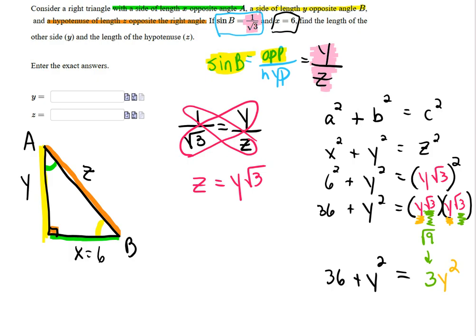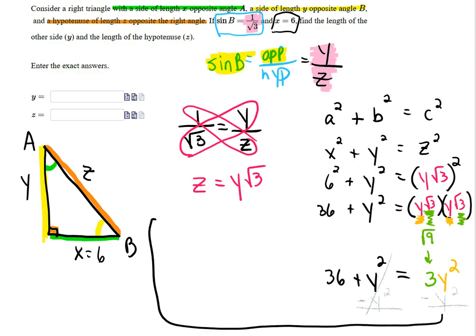I am going to subtract y squared on both sides so that cancels. I've run out of room, so follow me over here. Now I'll have 36 equals, if you have 3y squareds minus 1y squared, you've got 2y squared.